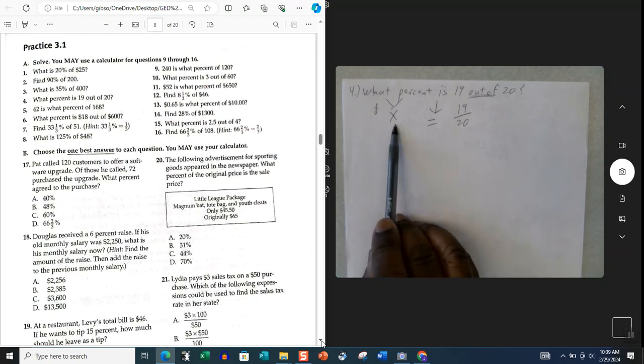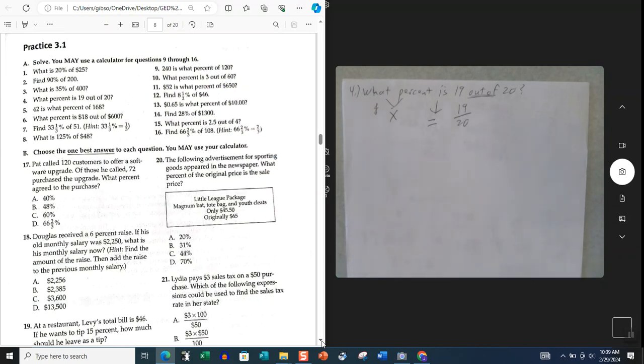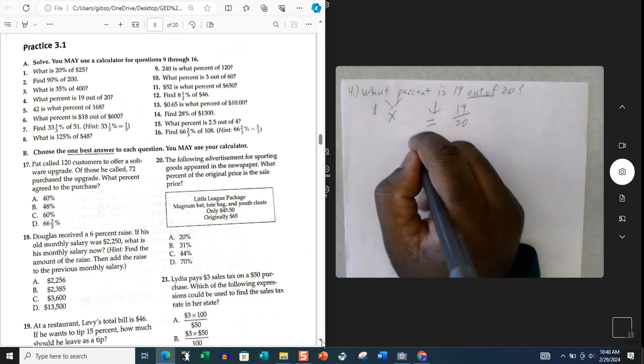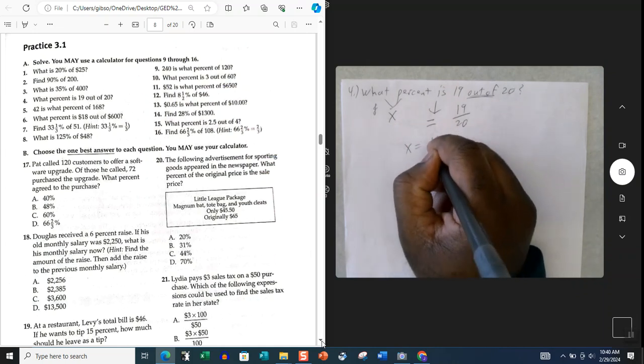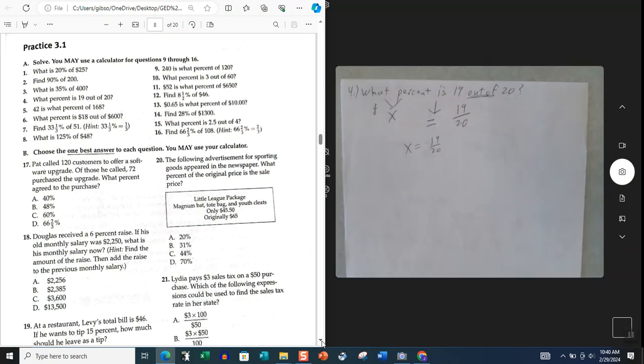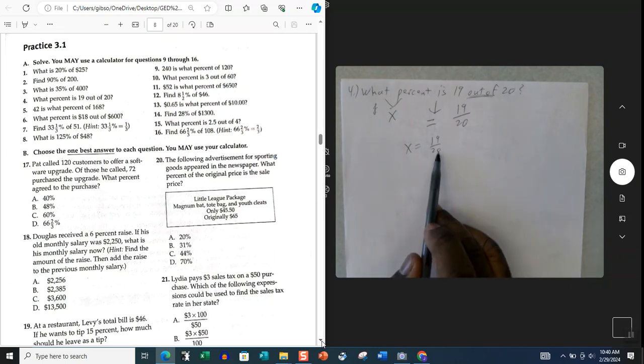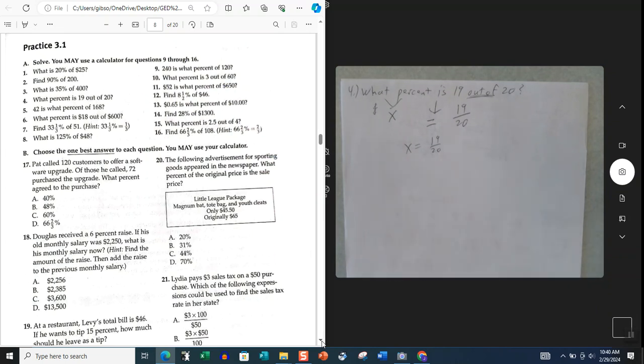So what percent is 19 out of 20? Now to determine this, let me rewrite it because I did that scratch out here. X equals 19 over 20. Now what we would do, we would divide this out and change this answer to a percent.